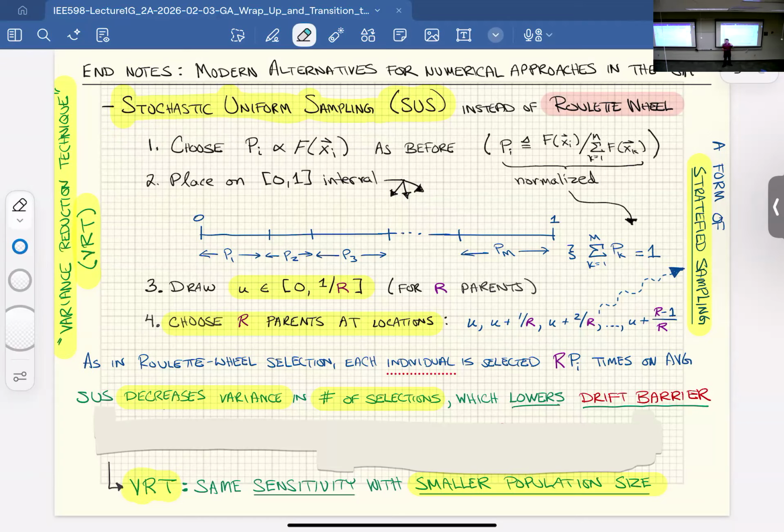Well, this is a version of stratified sampling. You're drawing one number and pushing all the other numbers. So you're basically creating strata which are 1 over R wide, and then sampling within those strata.